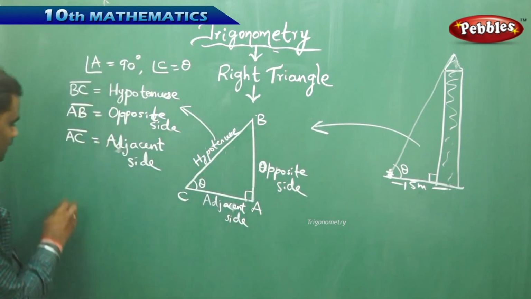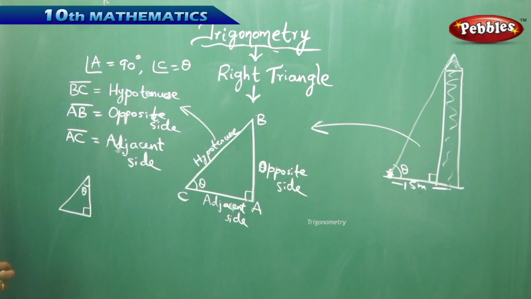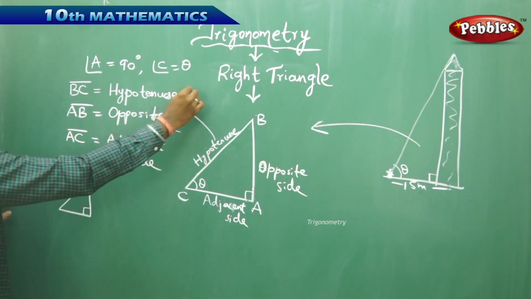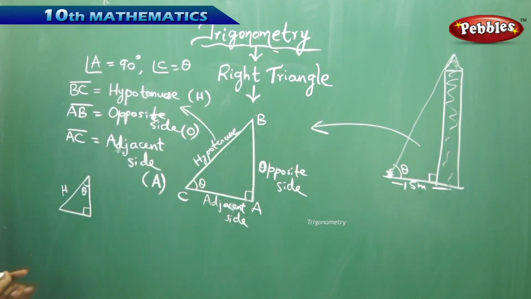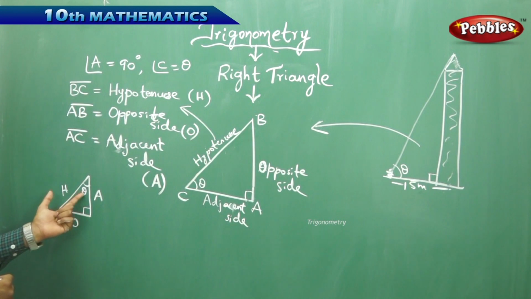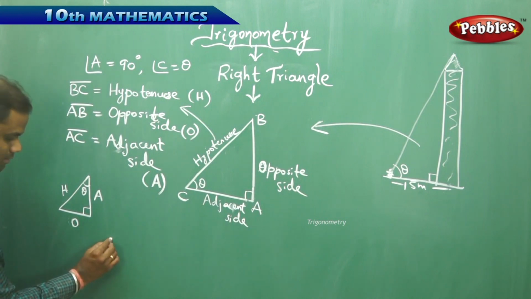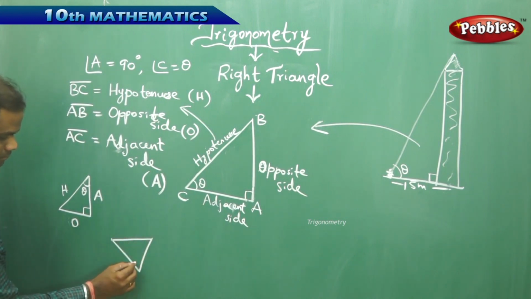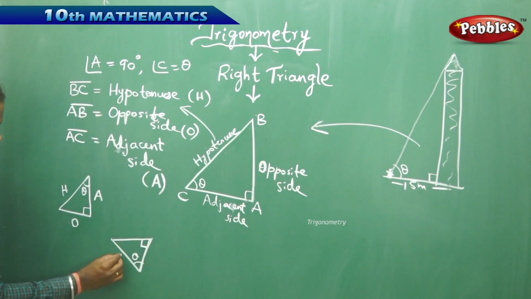Therefore, suppose I have a triangle with an angle here, and this being 90, I understand that this is the hypotenuse, usually denoted with H, the opposite side denoted by O, and the adjacent side denoted by A. The opposite side comes here because the angle theta is here, and opposite to that will be O. Suppose I have a triangle where this is 90 and this is theta, then opposite to 90 degrees will be hypotenuse, opposite to theta is O, and this is adjacent.